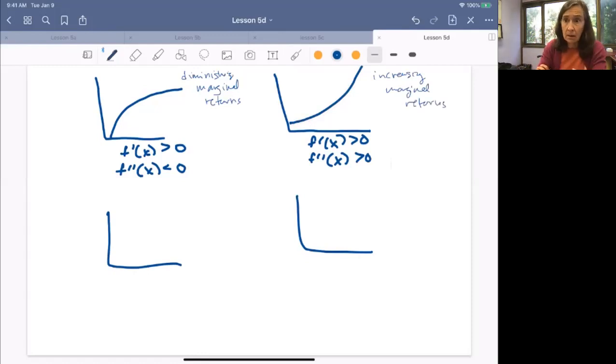And we think these kinds of functions occur in the real world too. Any kind of acquired taste might have increasing marginal returns. The first time you listen to some kind of experimental music, you're not really getting very much enjoyment out of it, but as you listen to more and more of it, you start to relate to it and actually enjoy it.